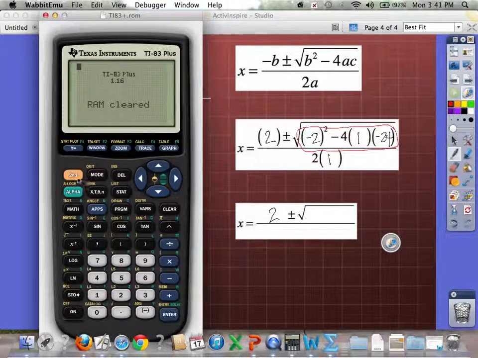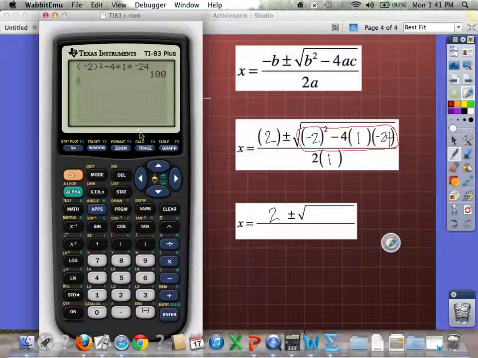So I'm going to use parentheses, just like I've got, negative 2 squared minus 4. And then from here on, if you just put times 1 times negative 24, it'll be okay. The problem I see with parentheses always has to be this first part, so always leave that in there.